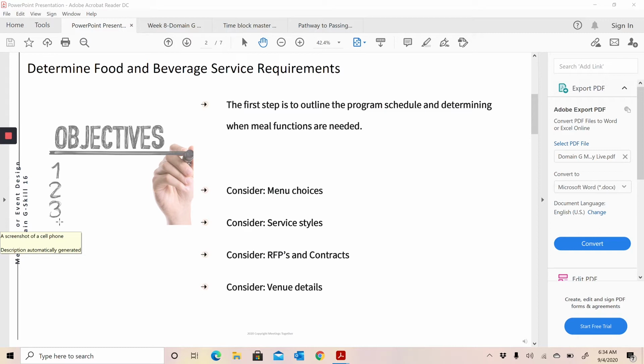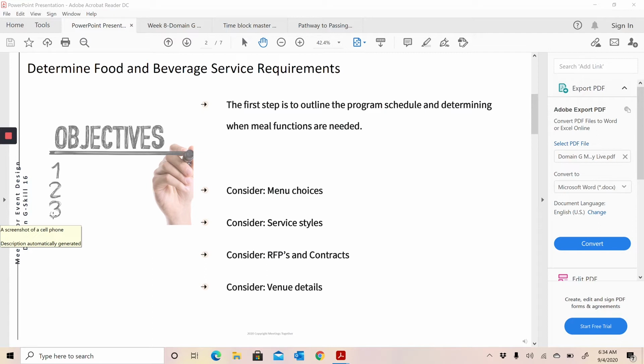You always want to get everything in writing, and always check your BEOs, making sure that everything the venue has promised you and everything you've put into your ESG and submitted to the hotel actually made it onto the BEOs. So you're always double checking your contracts.